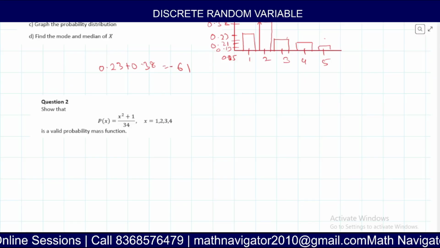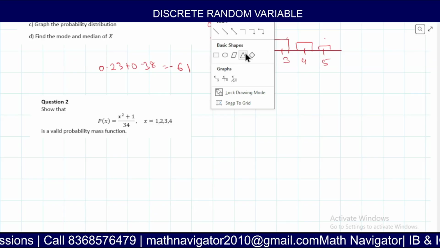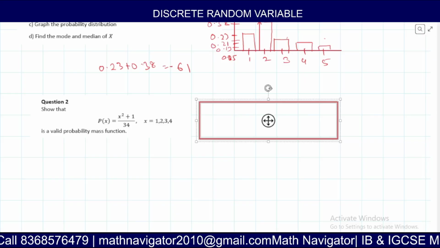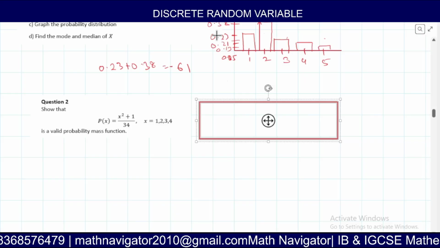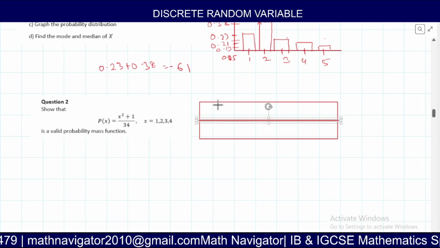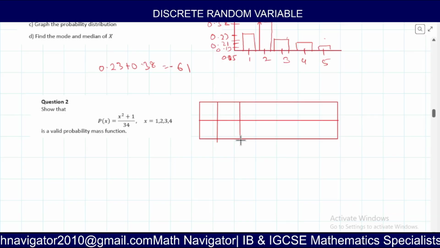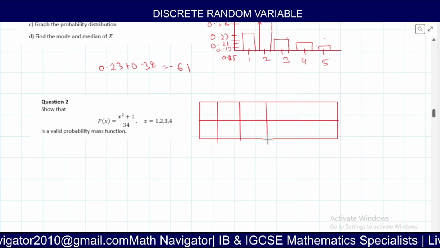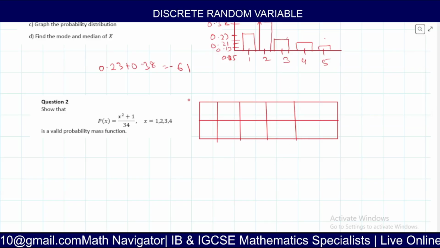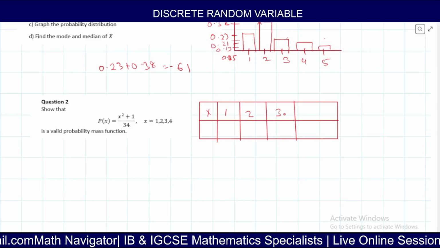So again, what I'll do is I'll make this kind of a table. So I'm making a probability distribution table. This is my x, this is my 1, this is my 2, this is my 3, and this is my 4.